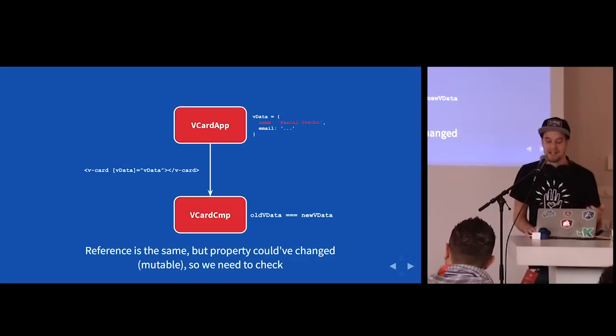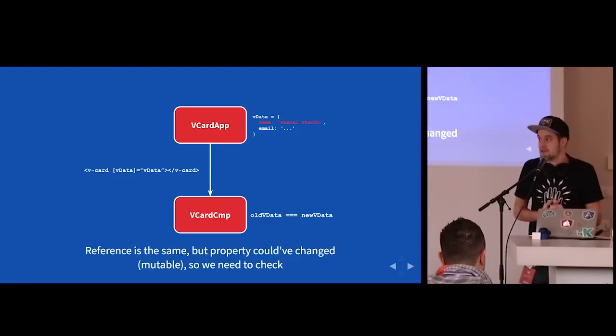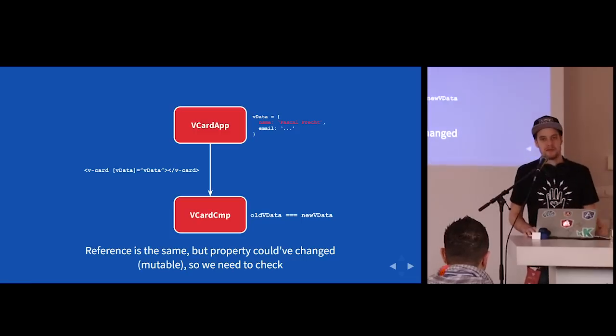It turns out it is the same reference. The vdata object being passed to that child component is still the same reference, but we changed that property. That's the reason why Angular still has to check this component, because maybe something changed in that particular property, even though the reference is the same. So Angular is conservative about doing that. It always checks every single component every single time.